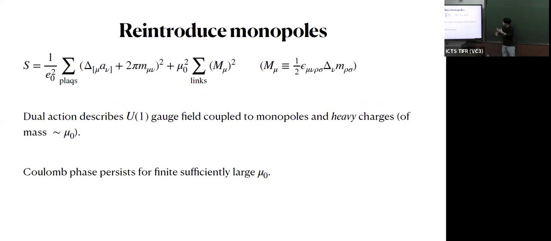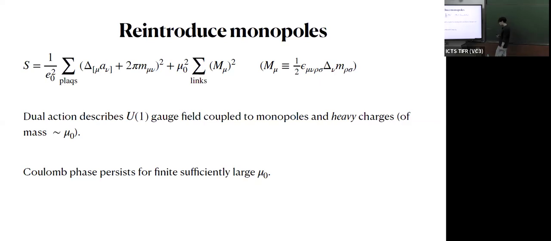If you think in terms of dualizing this action, I haven't written it explicitly, but at a qualitative level, what this means after dualization is that you have, again, a dual abelian gauge theory of a U(1) gauge field, which is coupled to monopoles as before, but now coupled to heavy electric charges. The monopoles which you have reintroduced become dualized to electric charges, and they're heavy.